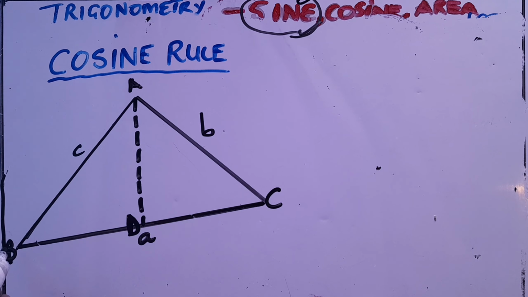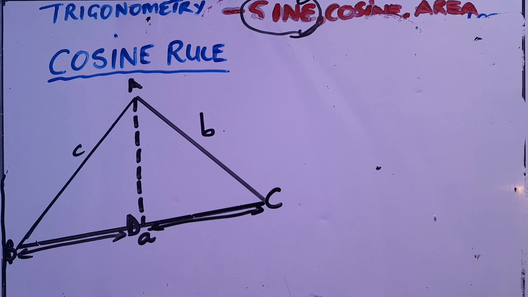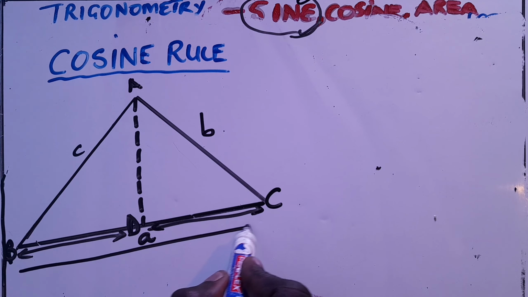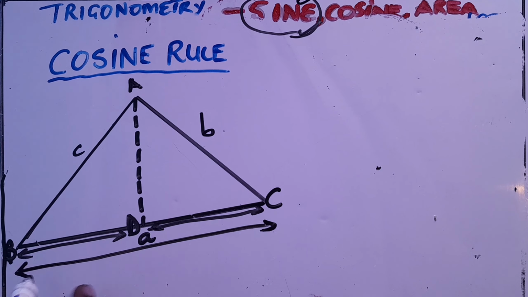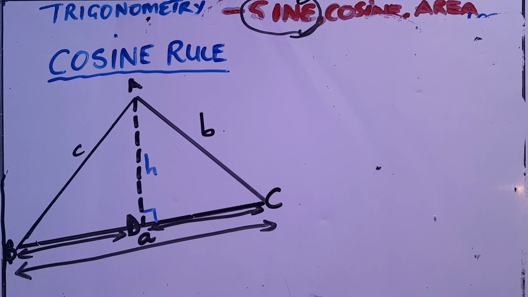We're going to have BD from here to here, and DC from here to there, and A is this whole length from there to there. Can you see that? Yes. Now this perpendicular height, we are going to name it H, for example.